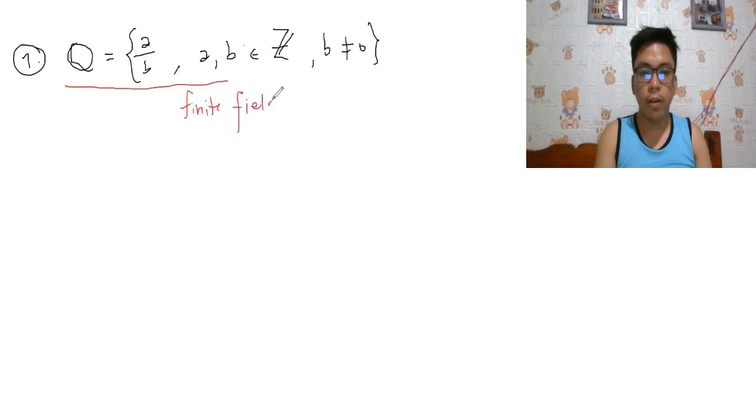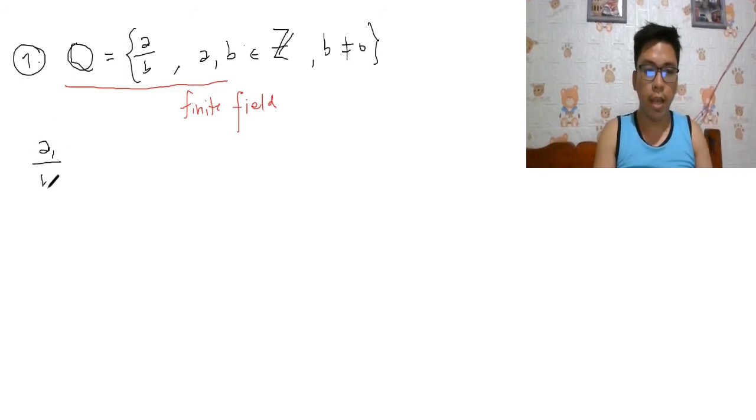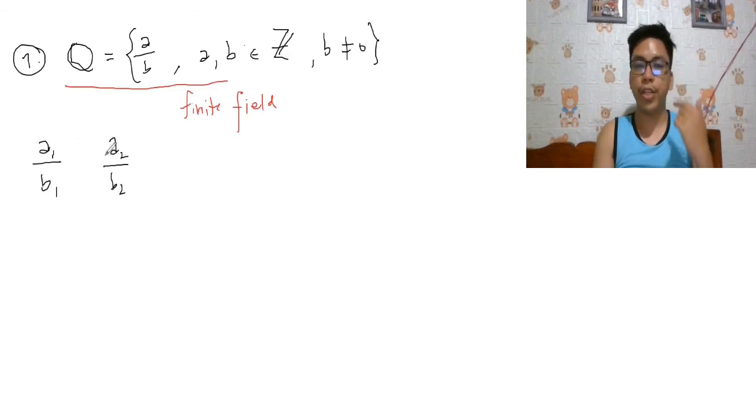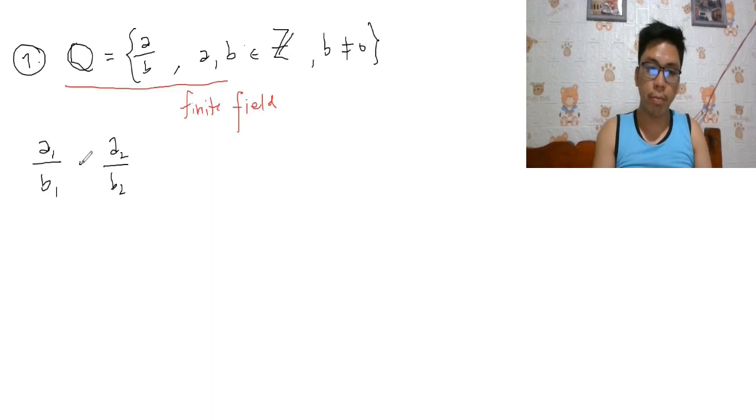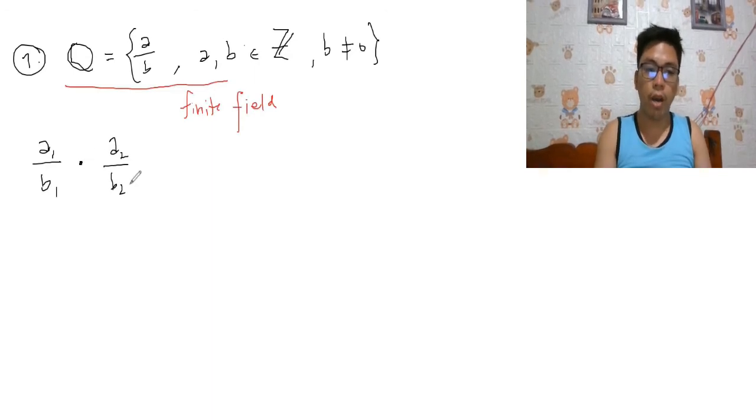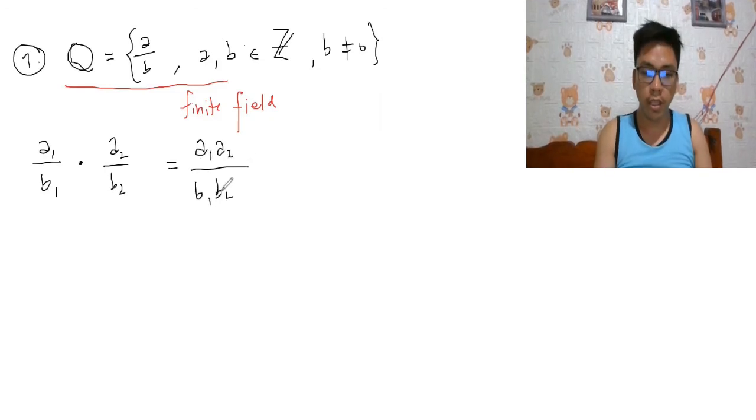Now, let's check on that. If you have elements from the set of rational numbers, let's say a1 over b1 and another element a2 over b2, remember that the numerator and the denominator come from the set of integers. If I take the product of these two rational numbers, I would get a1a2 over b1b2.